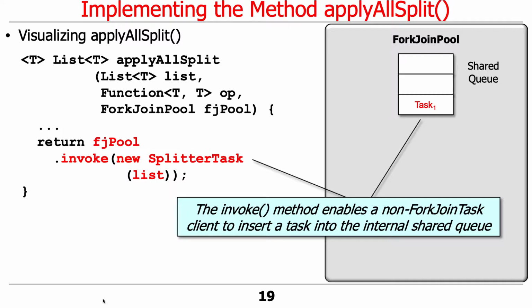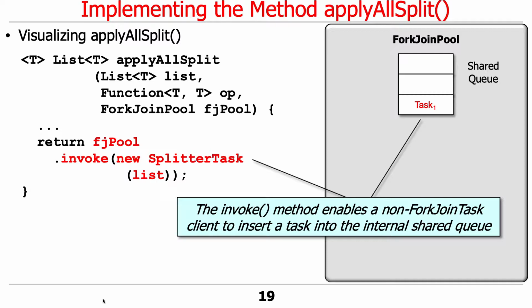When we say fjpool invoke new splitter task list, that is creating a single initial task, task 1, with the entire list, and it's inserting that into the shared queue of the fork join pool.